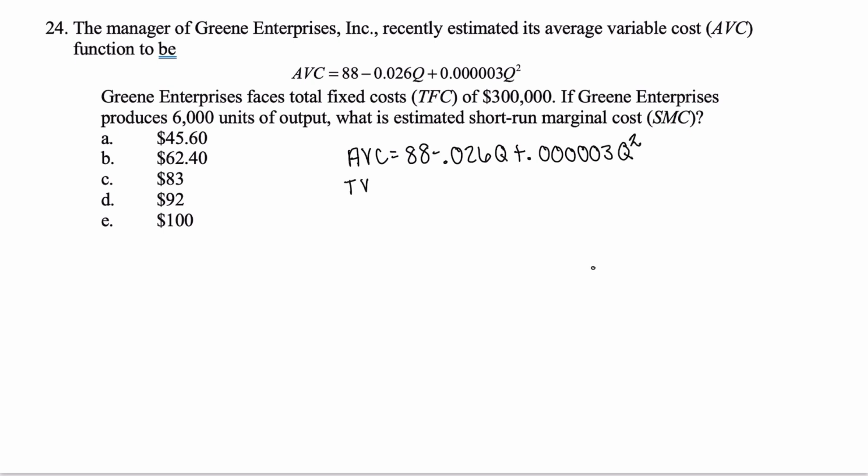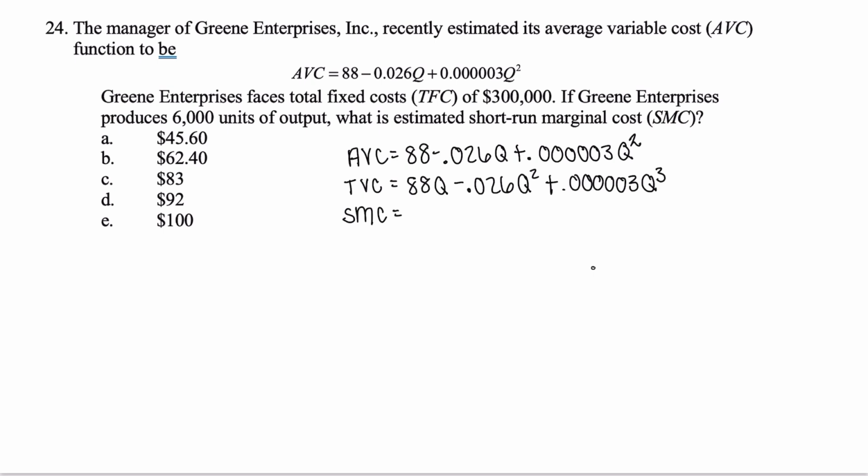So our total variable cost is we're just multiplying that average variable cost by Q. So 88 Q minus 0.026 Q squared plus 0.000003 Q to the third. So our short run marginal cost is going to be taking the derivative of that or substituting them in.